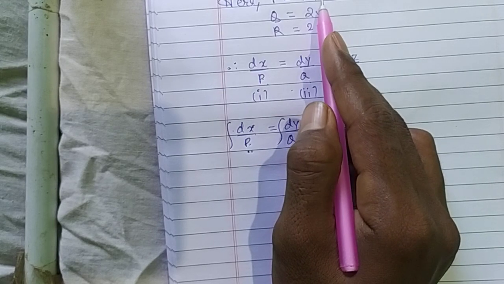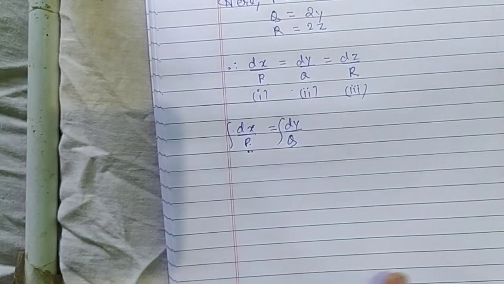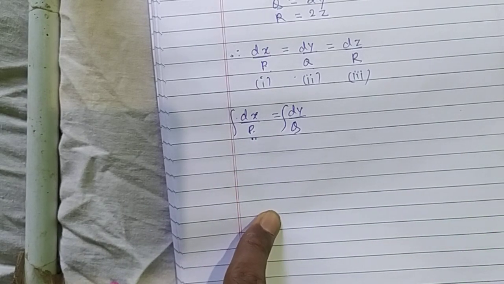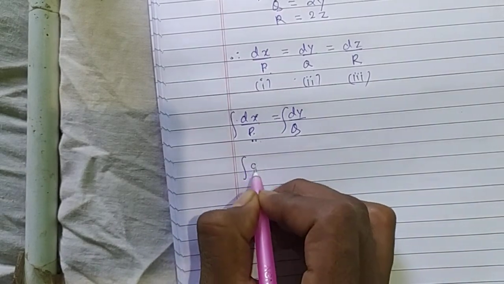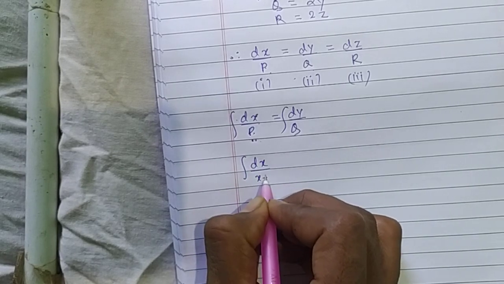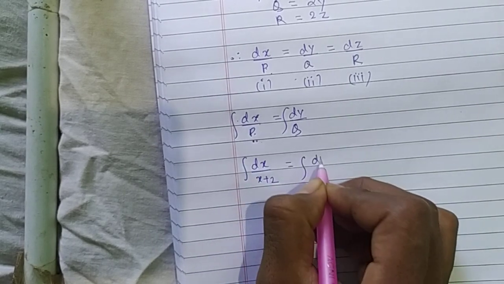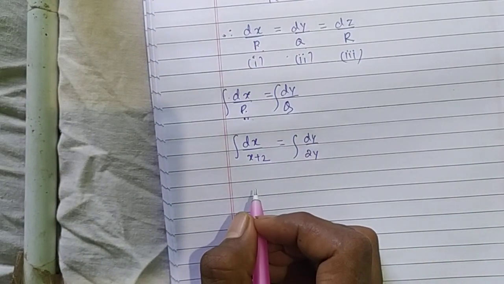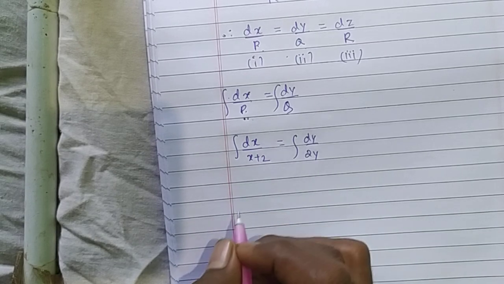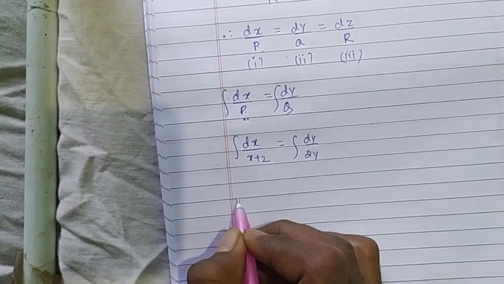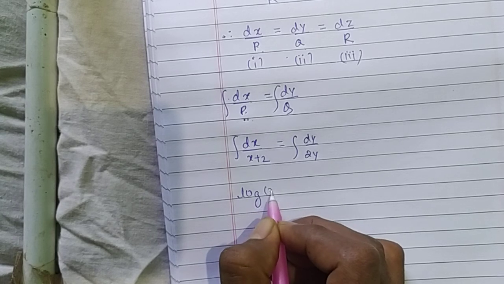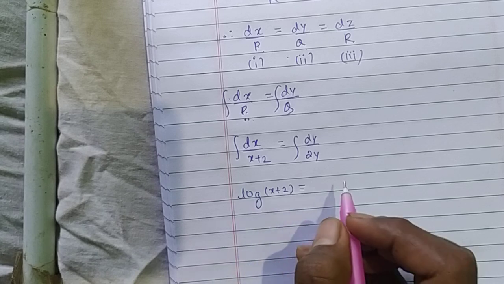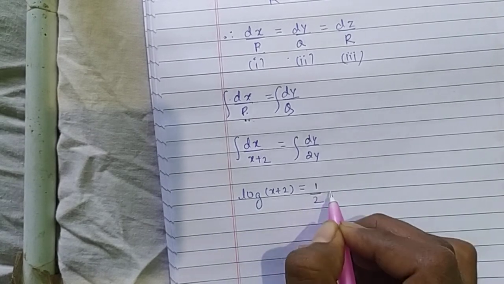So we have to write dx by x plus 2 is equal to dy by 2y. Now you see, this is a very simple standard form of integration, and I hope you all know the integration is log mod x plus 2, and there 1 by 2 is a constant, so we can take the constant outside and we get log y.